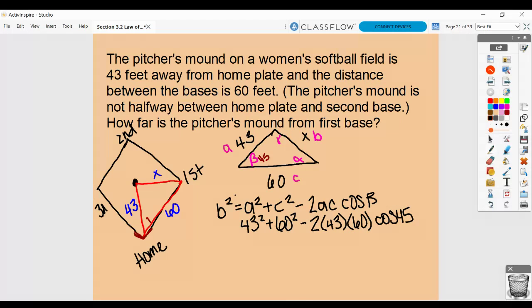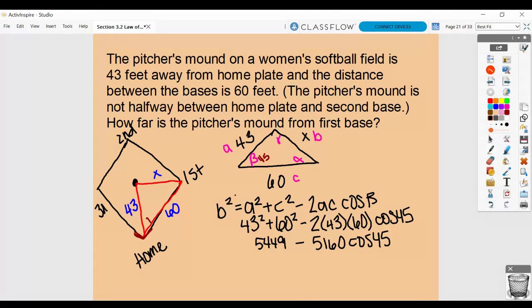So again, don't type this all into your calculator at once. Do separate pieces. So 43 squared plus 60 squared is 5449. And then 2 times 43 times 60 would be 5160.